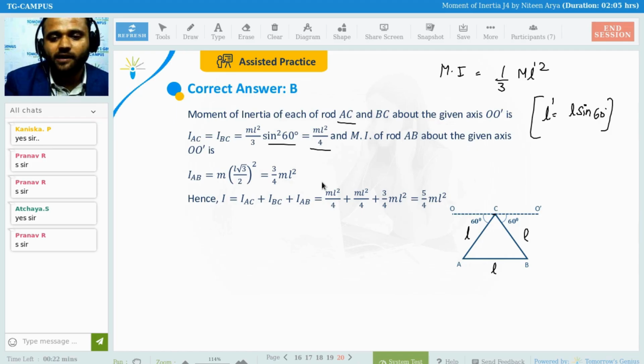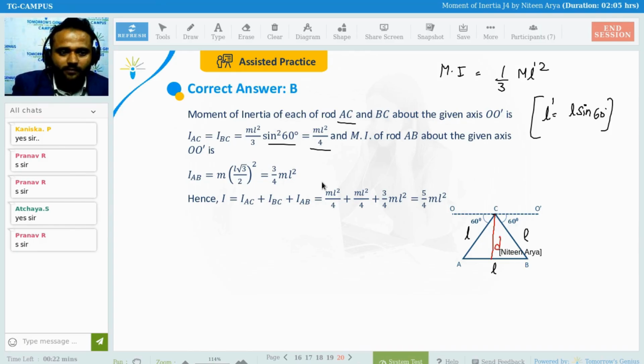And moment of inertia about rod AB. AB is perpendicular to this axis, so that is going to be this median, or you can say this perpendicular. So it is root 3 L by 2.